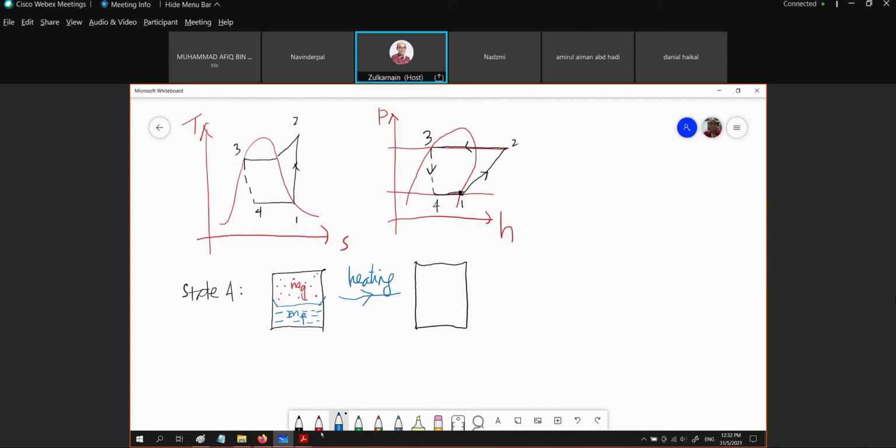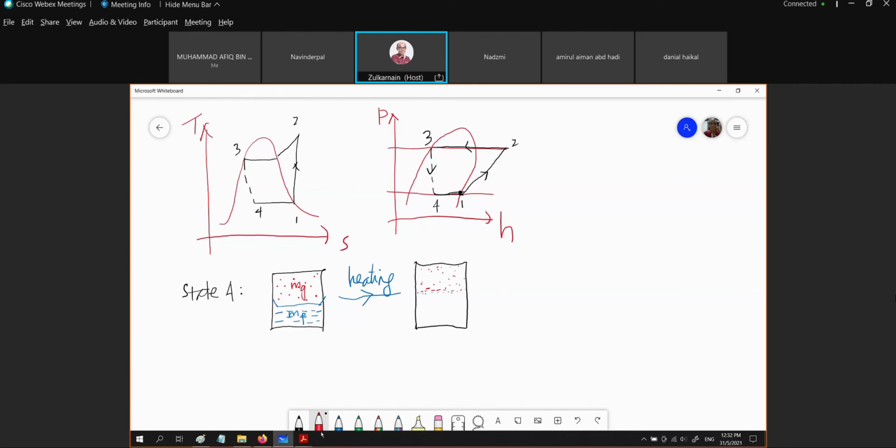The mg, the first portion of the mg, it will remain the same, correct? Let's say this is the part of the mg, the initial mg. Let me put a partition right here. This is the original mg, which exists in state 4.